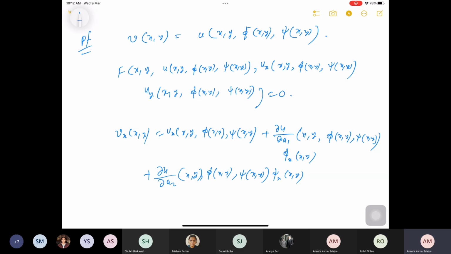So now this quantity, the partial of u with respect to a1 at x, y, p(x,y), psi(x,y), is equal to 0.